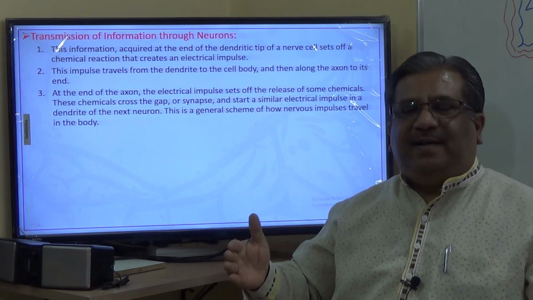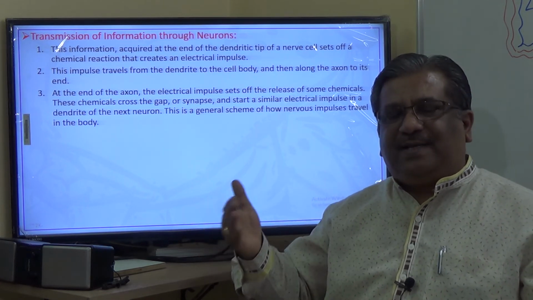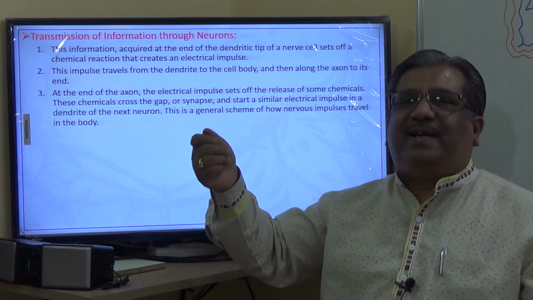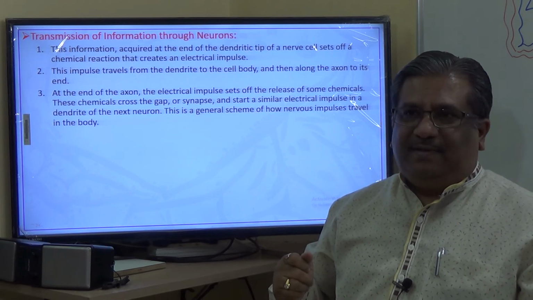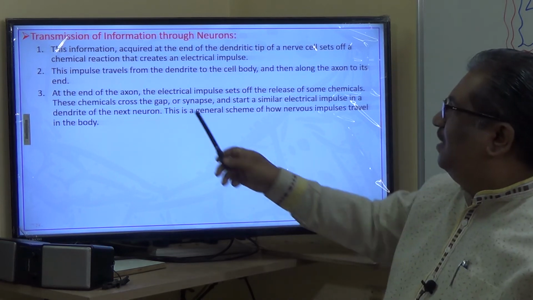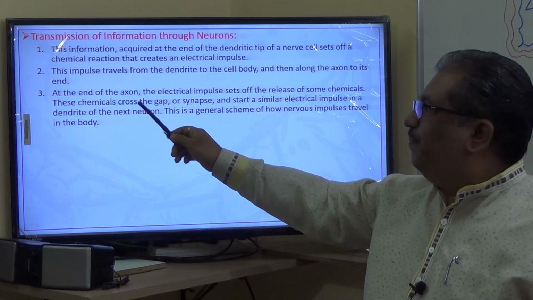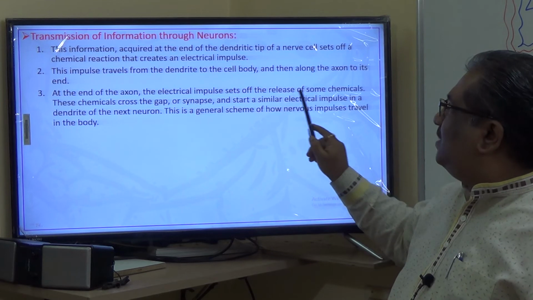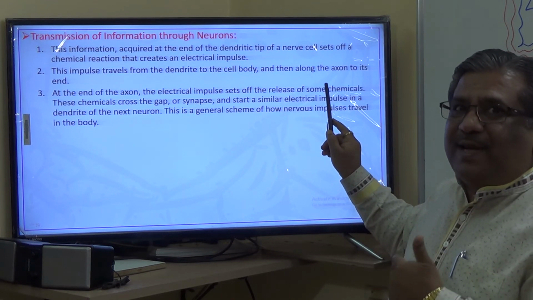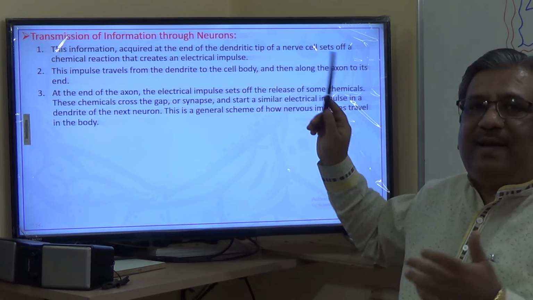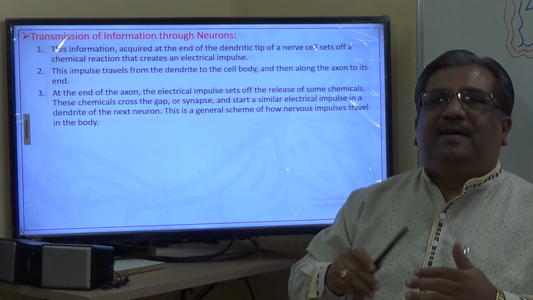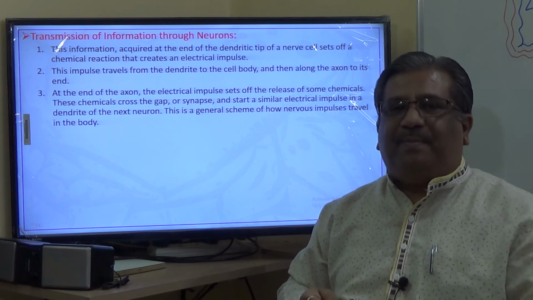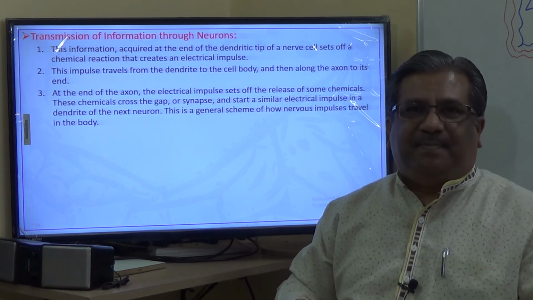At the end of the axon, the electrical impulse sets off the release of a chemical. That chemical passes through the synapse, which is a small gap, to the next dendritic tip.